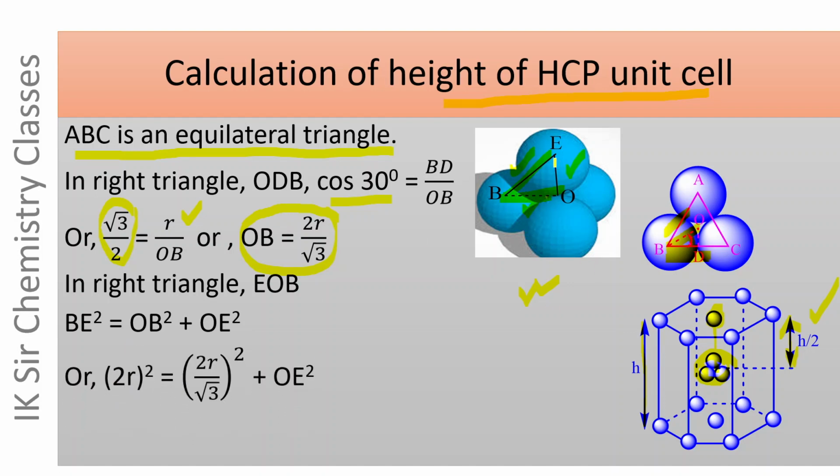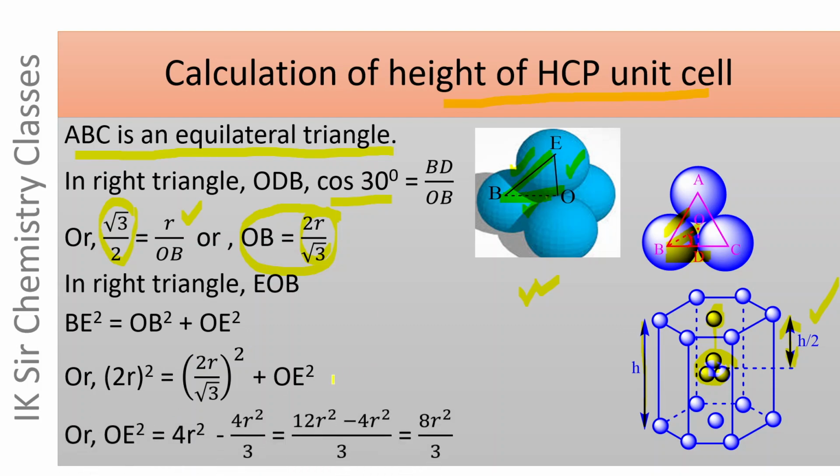BE is equal to, as we have discussed earlier, 2R. OB is equal to (2R divided by root 3) whole square plus OE square. OE square will be equal to 4R square minus 4R square divided by 3, and on solving it we get 8R square by 3.